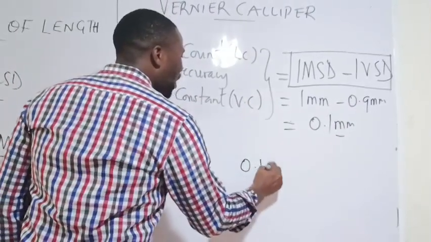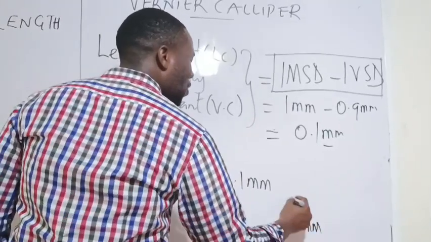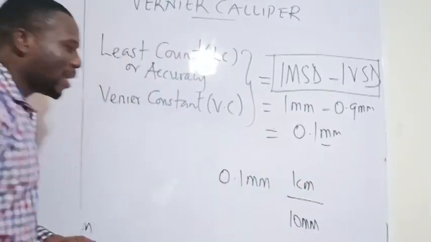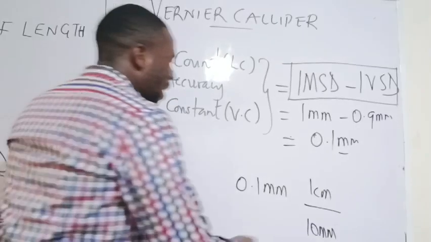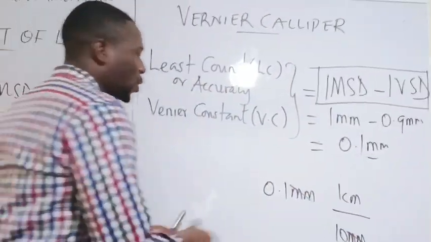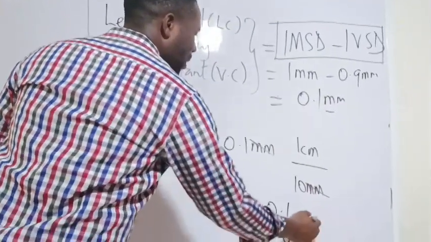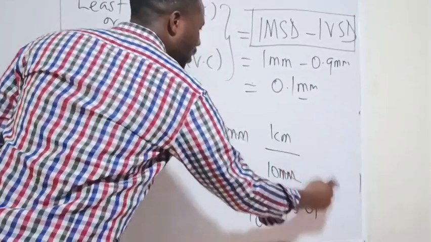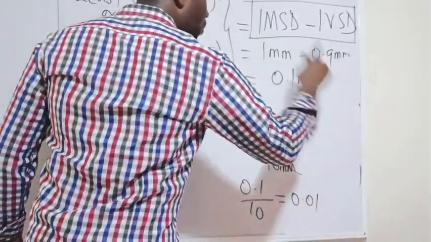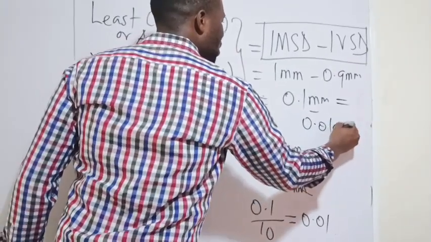I do know that 10 millimeter is equivalent to 1 centimeter, right? So millimeter will cancel millimeter, and I'm left with centimeter. So 0.1 times 1 gives me 0.1, and I'm dividing by 10, so this gives me 0.01 in centimeter. So 0.1 millimeter is the same as 0.01 centimeter.